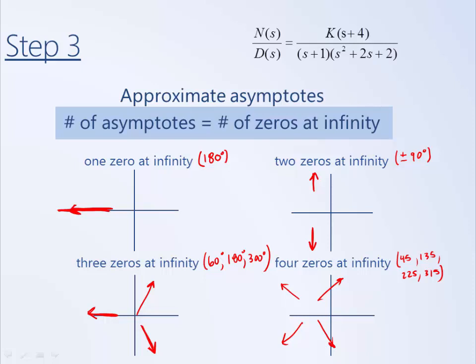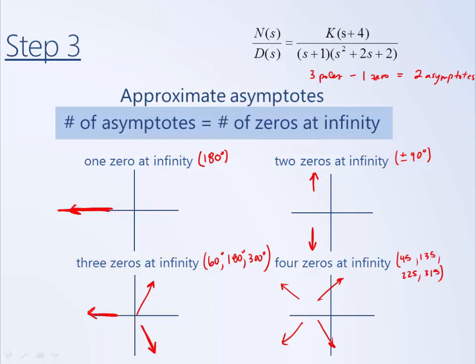Looking at the example that we started earlier, we have 1 open loop zero and 3 open loop poles. So we have 3 poles and 1 zero. We're going to have 2 asymptotes. We're going to have 2 zeros at infinity, and they'll go off at plus 90 and minus 90.